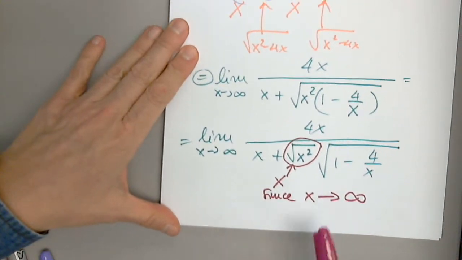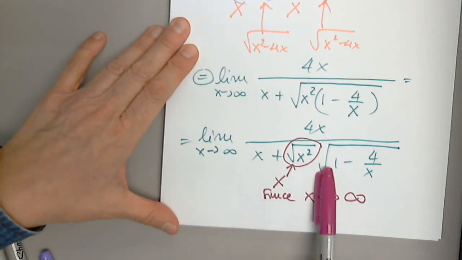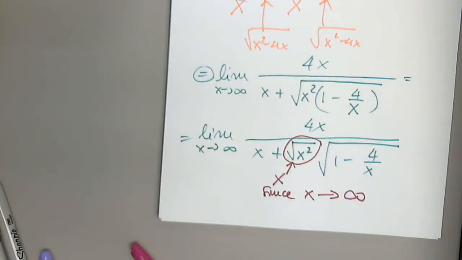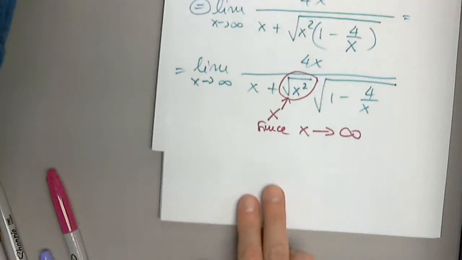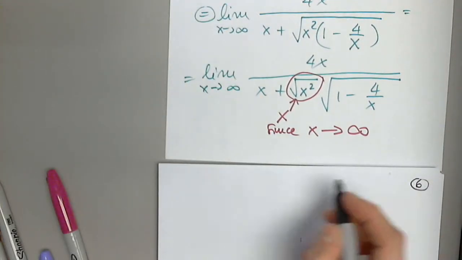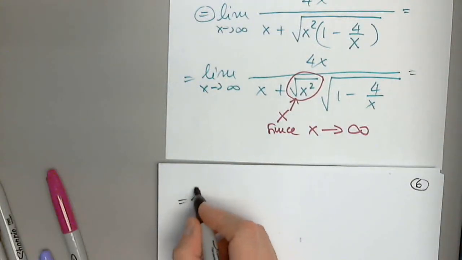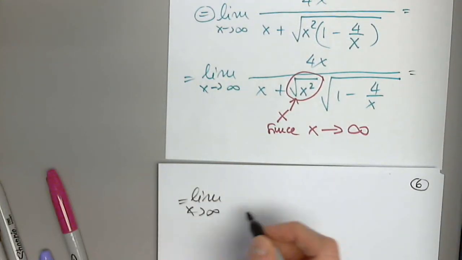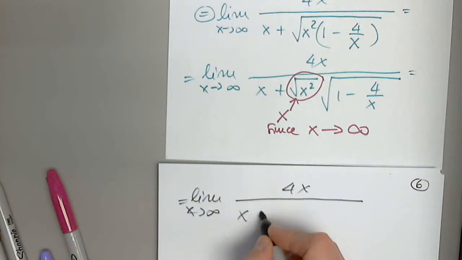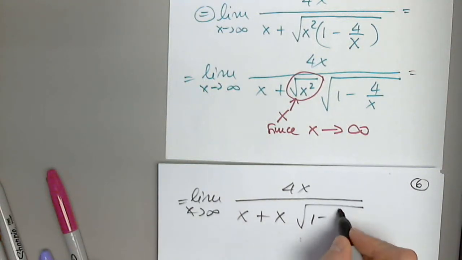So at this point, all I have to do is factor out x from these two quantities. This is one term and this is another. But I have to write one more step for everyone to see what we're doing here. So this is limit as x approaches infinity, 4x over x plus x, the square root of 1 minus 4 over x.